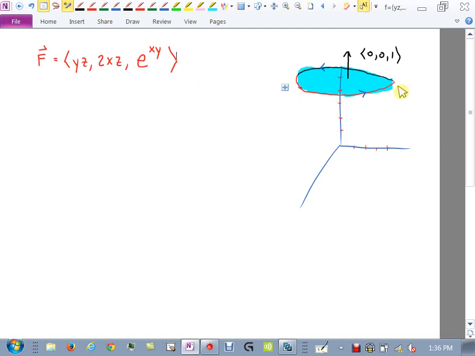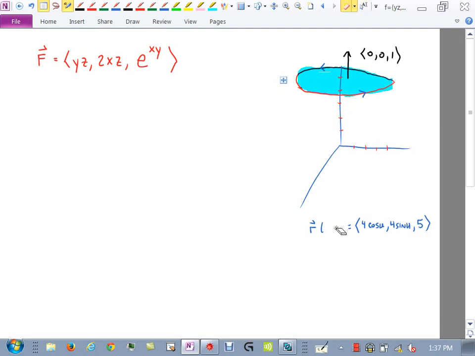If you had to find the parametric equations for this, just to show you in case you've forgotten, the parametric equations for that curve would have been 4 cosine u, 4 sine u, and 5. That would have drawn that outside curve, right? Just the outside curve?